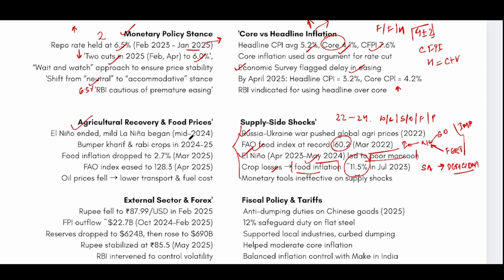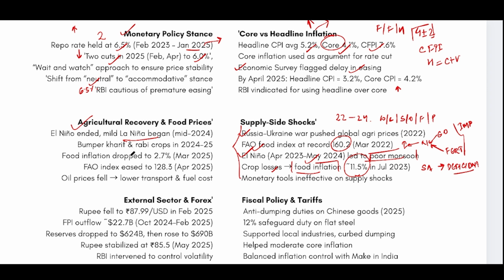But thankfully, by late 2024 and early 2025, the situation on the food supply front began to turn around dramatically. The El Nino event ended around May 2024 and was followed by signs of an opposite phase, La Nina, which traditionally brings better rainfall to India's subcontinent.